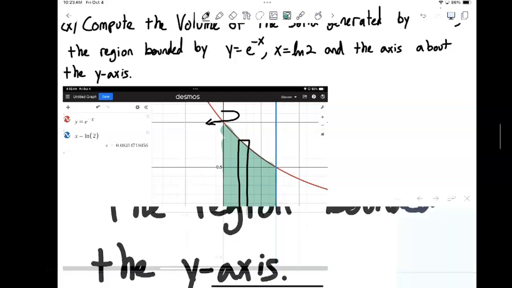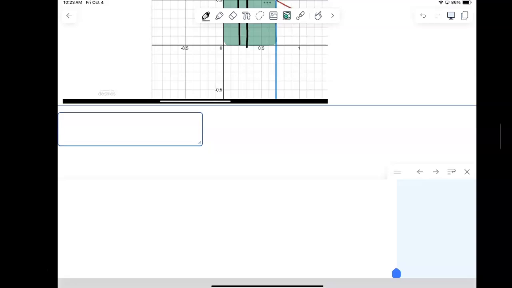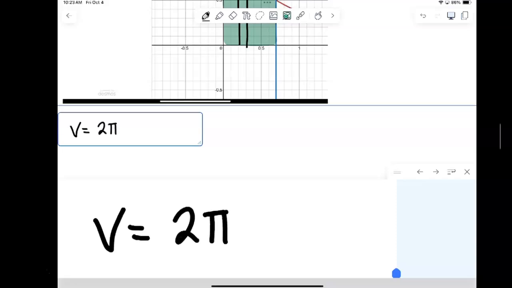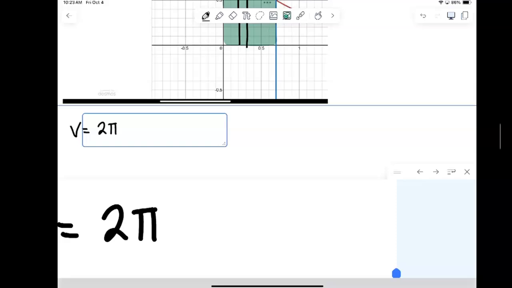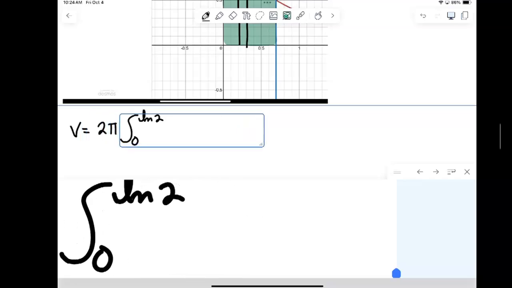Okay, so we use our shell formula. Remember, the shell formula is 2 pi times the integral, in this case between our two limits, 0 and ln of 2, of x times our height function.